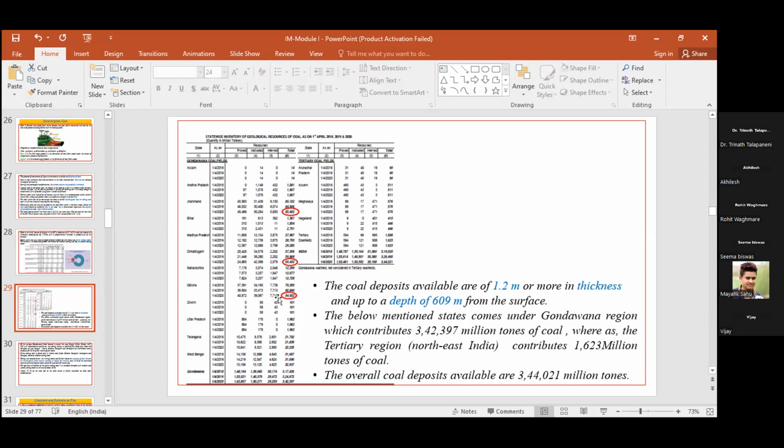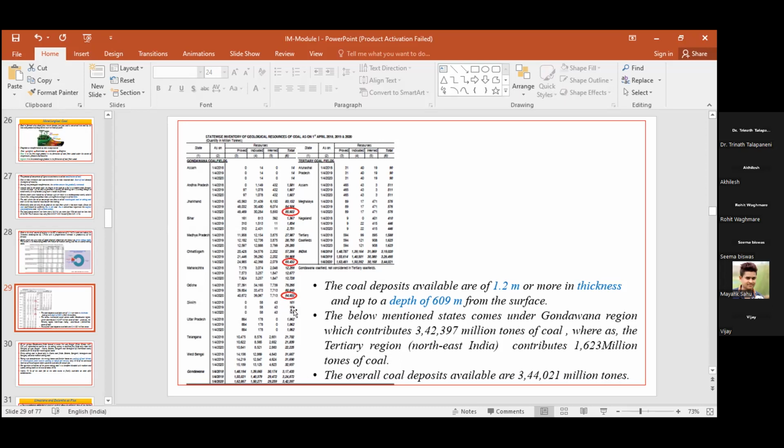As per 2020 statistics, Jharkhand has 85,602 million tons of coal deposits. Then followed by Odisha, 84,652. Followed by Chhattisgarh, we have 69,432 million tons of coal deposits available.